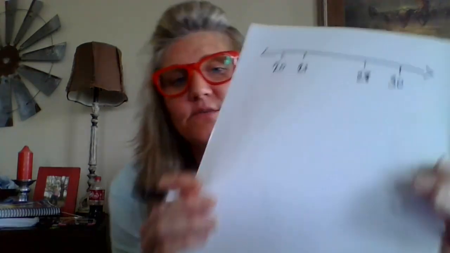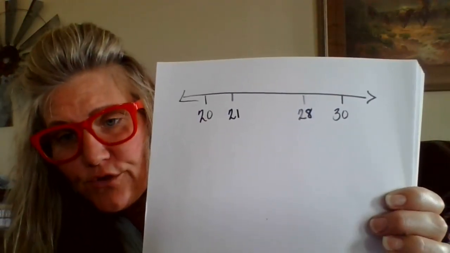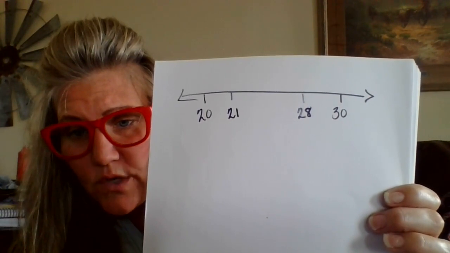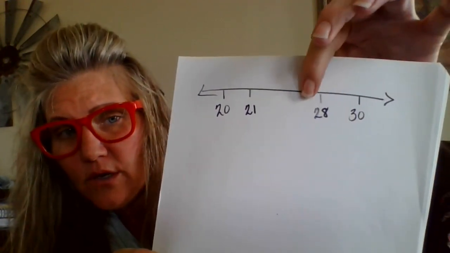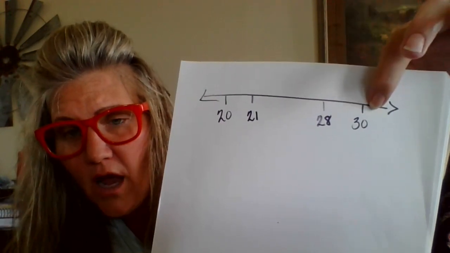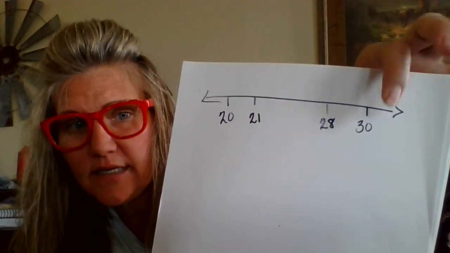If I would say, for instance, 28. 28, is it closer to 30 or is it closer to 20? Well, you would have to do 2 hops over. That's easy, isn't it?